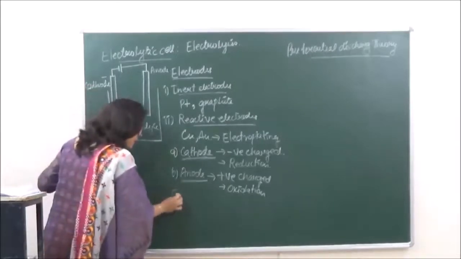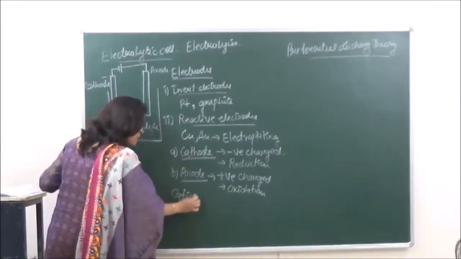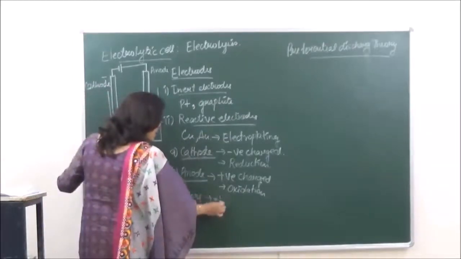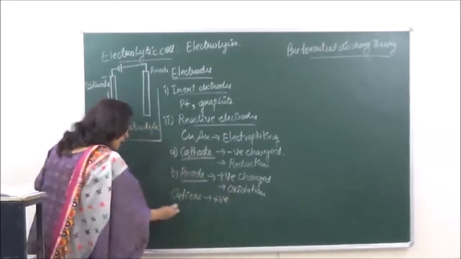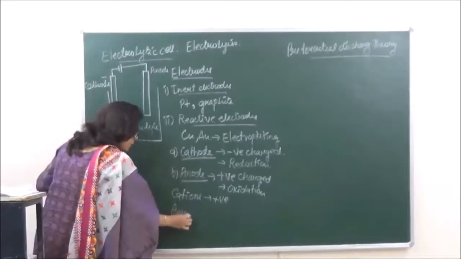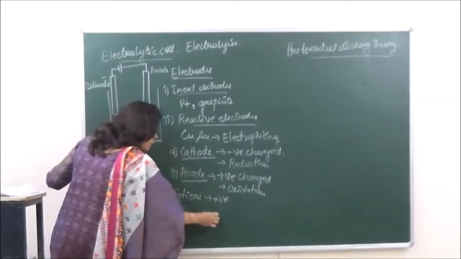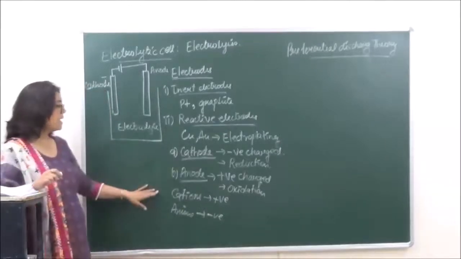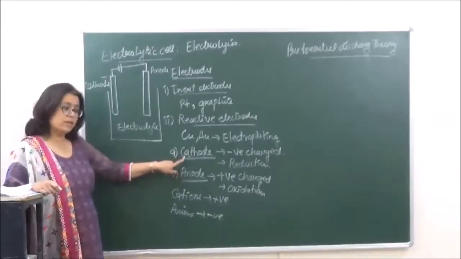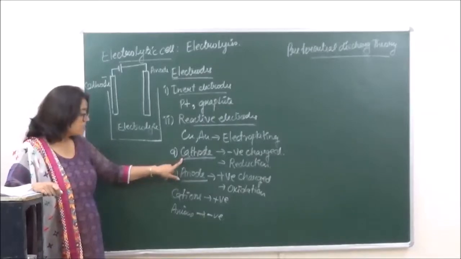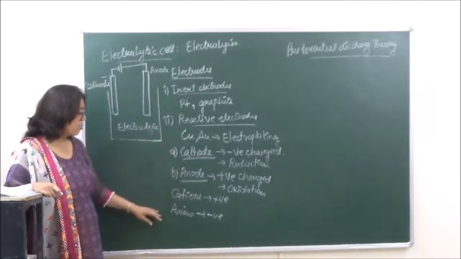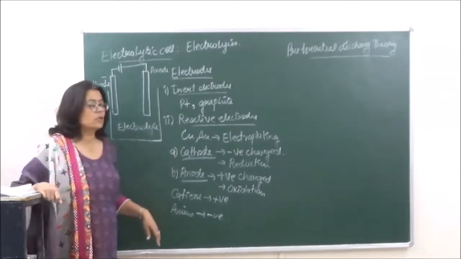The first type are cations, which are positively charged, and the second type are anions, which are negatively charged. The cations are attracted to the negative terminal, the cathode, and anions get attracted towards the anode.